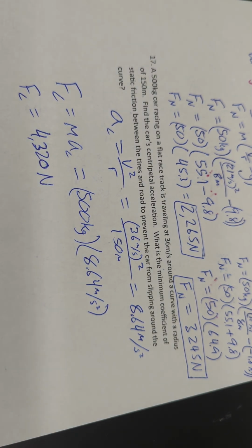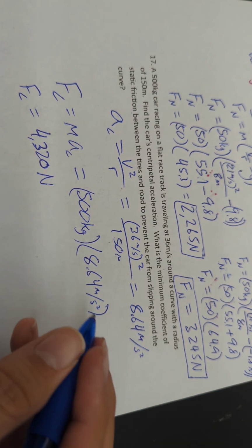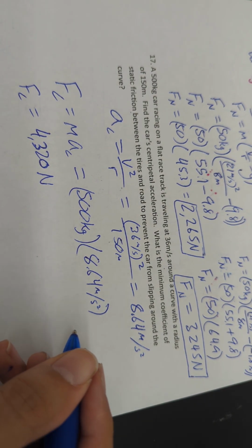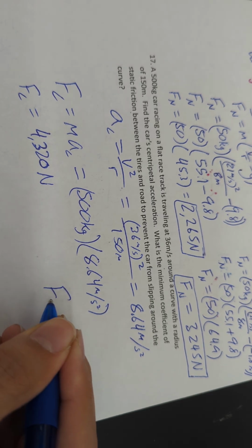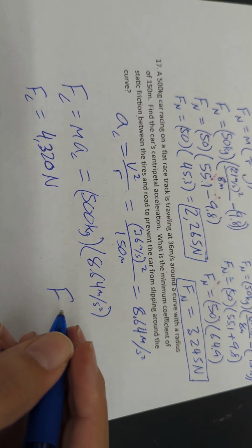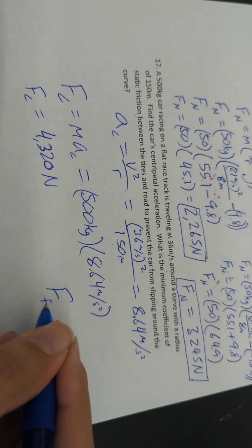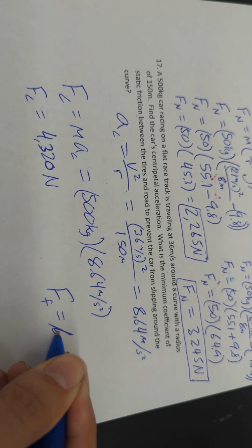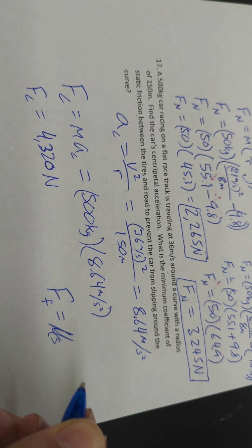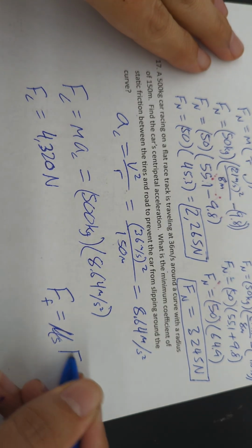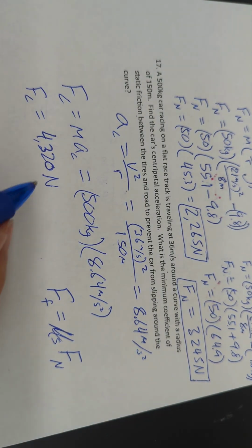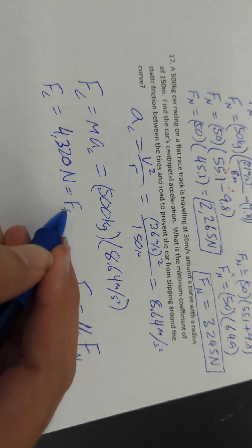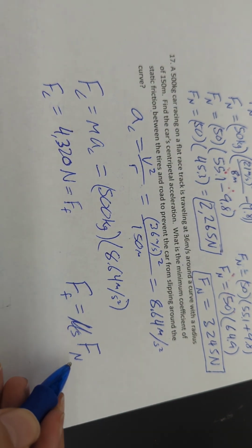So the next thing we have to think about is, if we want to find our coefficient of static friction, we have this equation here. The force of friction is going to equal your coefficient of static friction times your normal force. Your centripetal force is going to equal the friction needed. You just have to find your normal force.